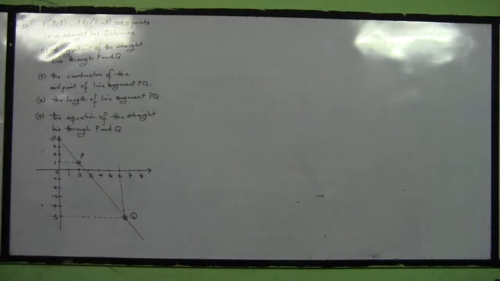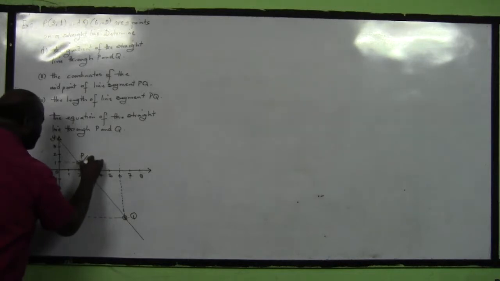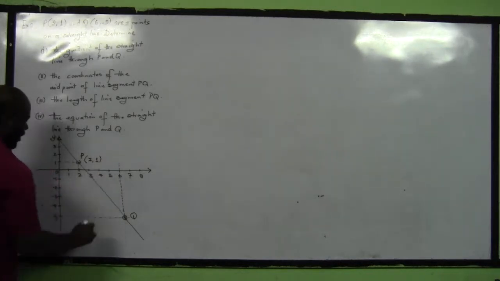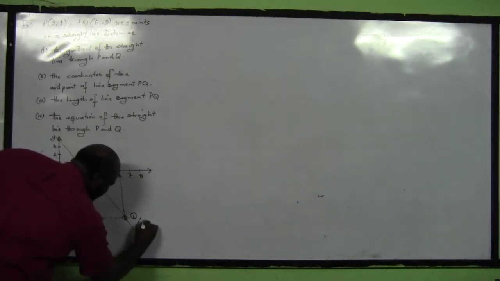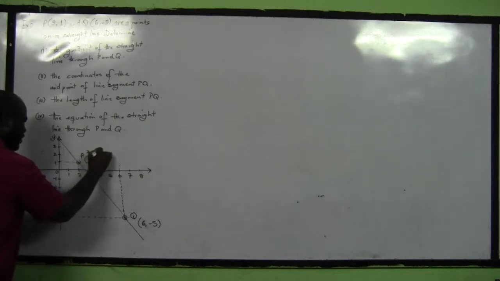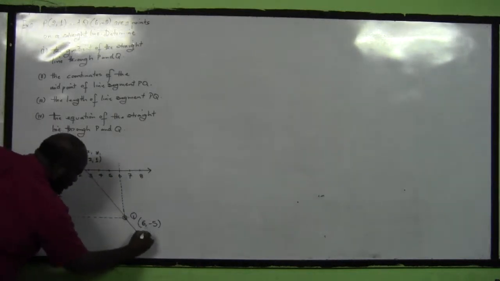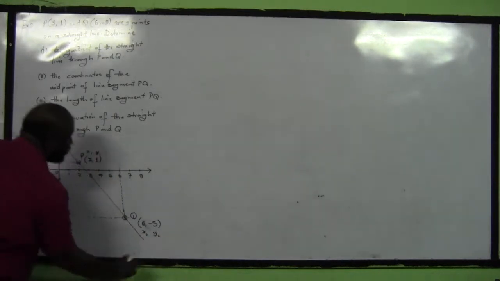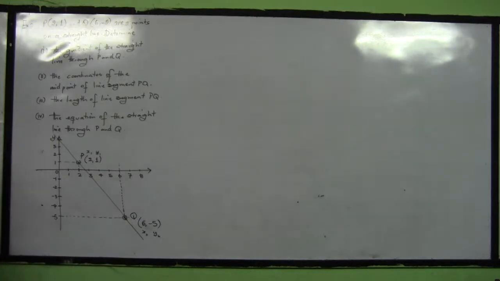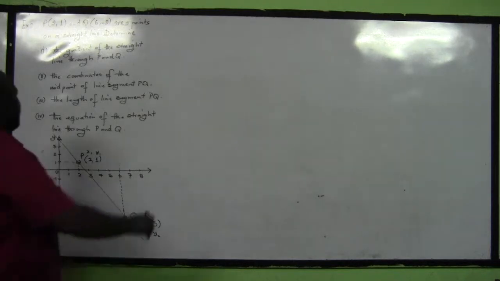Alright, tell me, would the gradient of this line be positive or negative? Negative. Alright, this is the point 2, 1, and this is the point 6, minus 5. I'm going to call this x1, y1, and call this x2, y2. You didn't need to draw the diagram in order to answer the question. Let's go with the gradient.